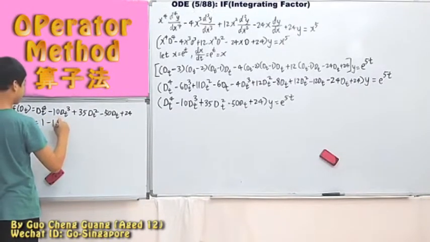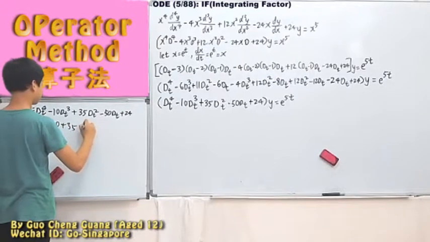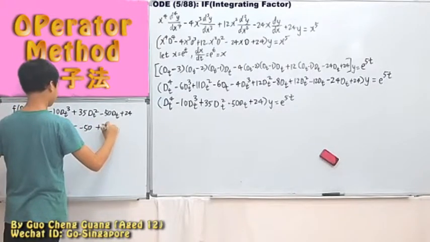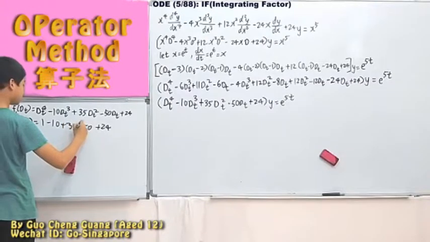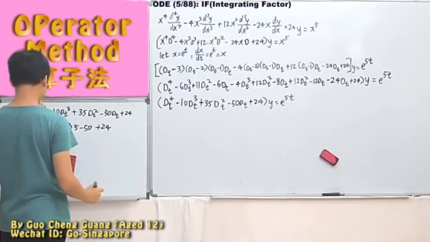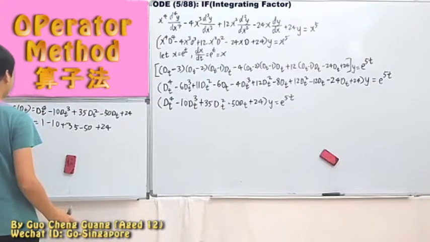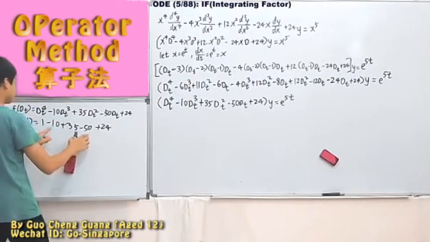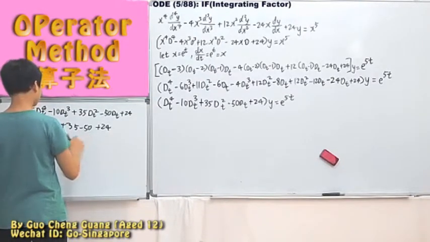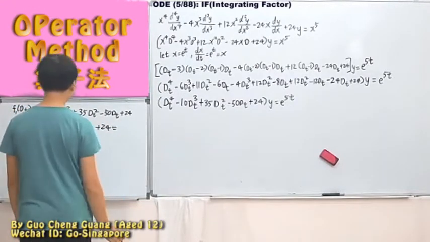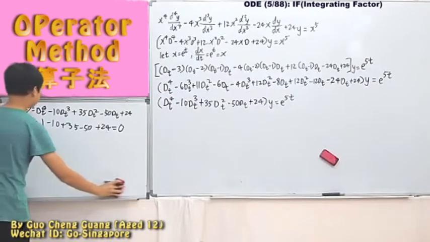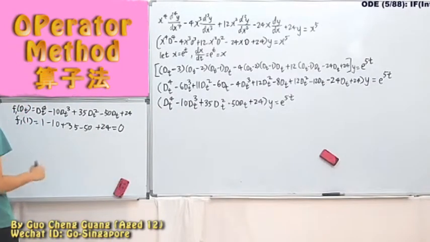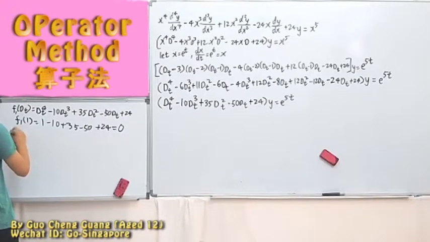Then 1, subtract 10, add 35, subtract 50, then add 24. So here it is: subtract 60, add 60 here, so then it will be 0. So this part is 0. Let's see what we have as the remaining part.